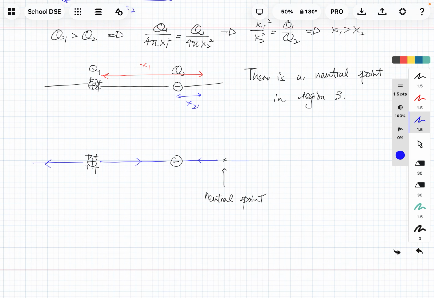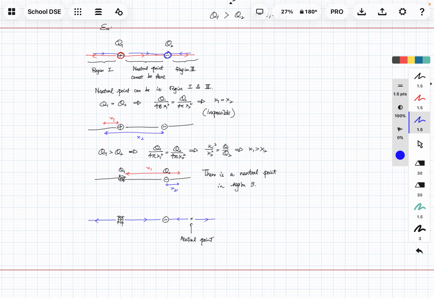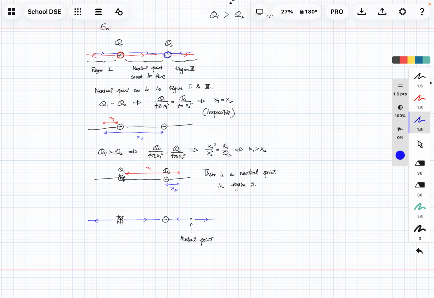This is the magnitude. How about direction? Using the right-hand grip rule, the thumb of your right hand is the current, while the four fingers will be the direction of the magnetic field.